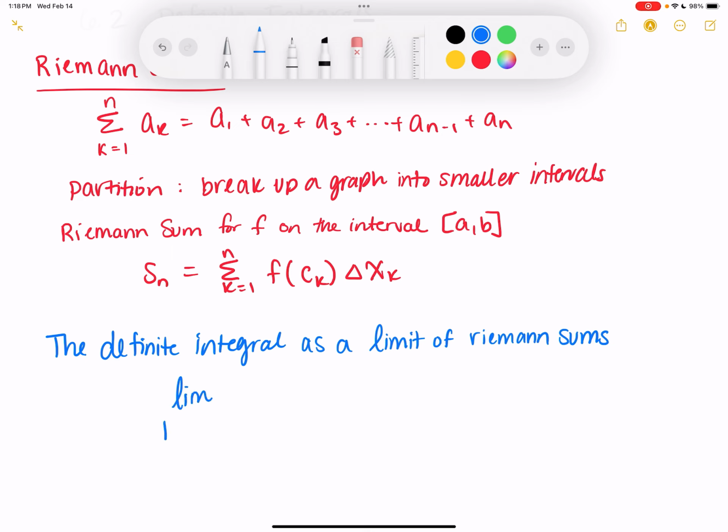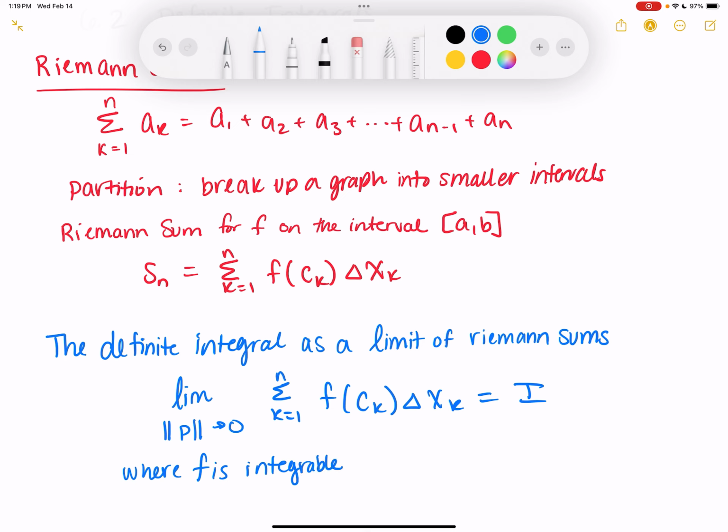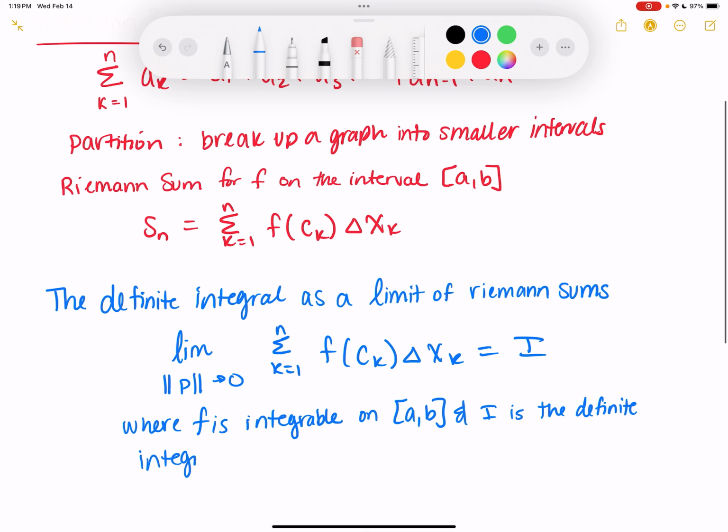So this is the limit as the norm of the partition, p, which is in those bars, goes to 0, of the summation of k equals 1 to n of f of c sub k delta x sub k, is equal to I, where f is integrable on the interval a to b, and I is the definite integral of f over a to b.